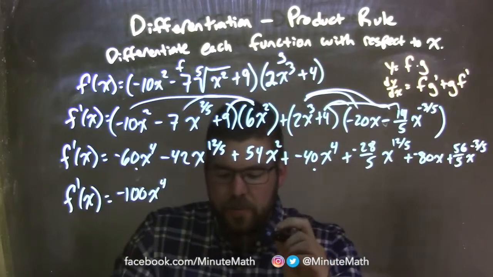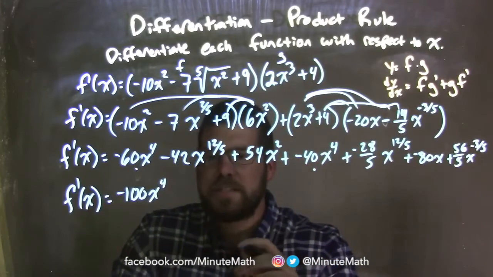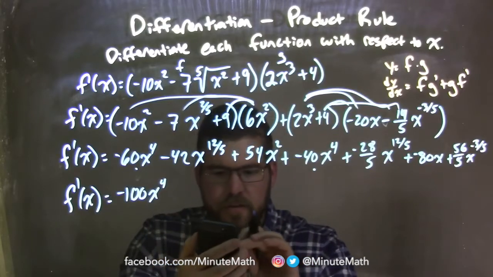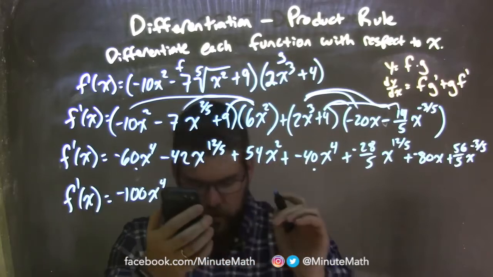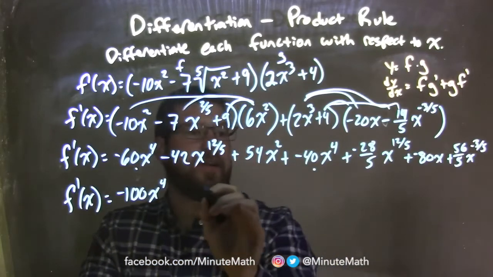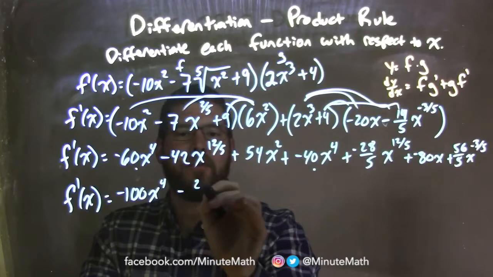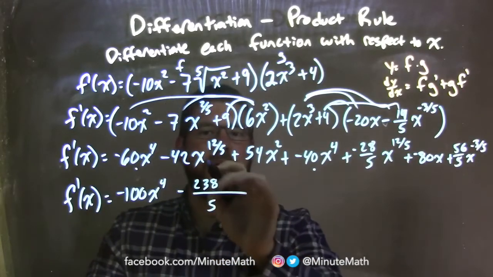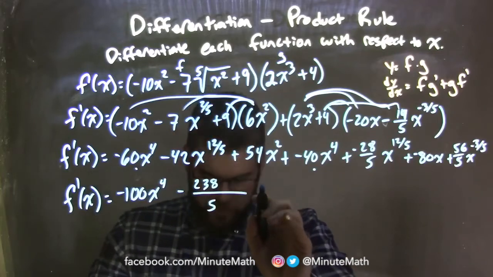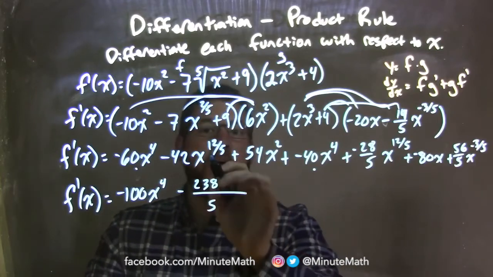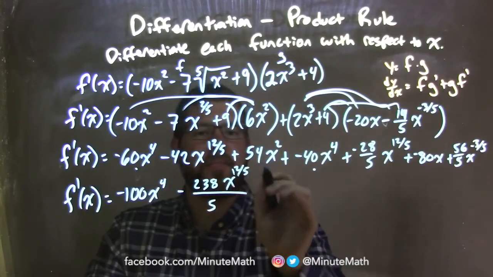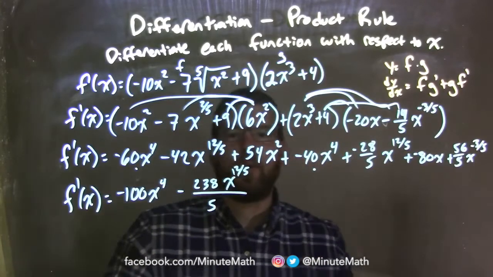We're going to keep that as a fraction. 47.6 as a fraction is 238 over 5. Because both are negative, we have negative 238 over 5, and our exponent is x to the 12/5 power. Fantastic. So now we're going to keep on going.